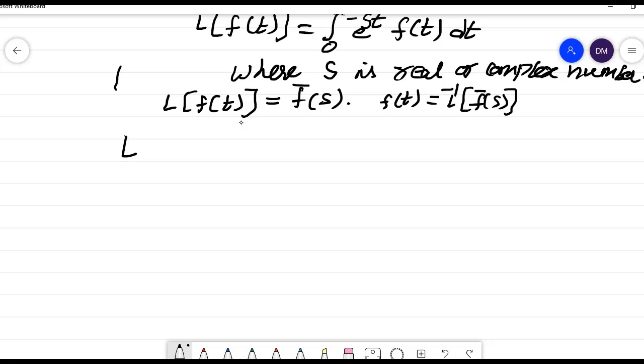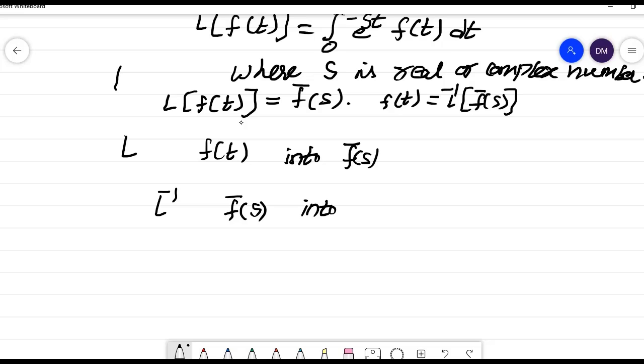Here the symbol L is called the Laplace transform operator, which converts f of t into f bar of s, and the symbol L inverse is called the inverse Laplace transform operator, which converts f bar of s into f of t. So this is the definition of Laplace transform and inverse Laplace transform.